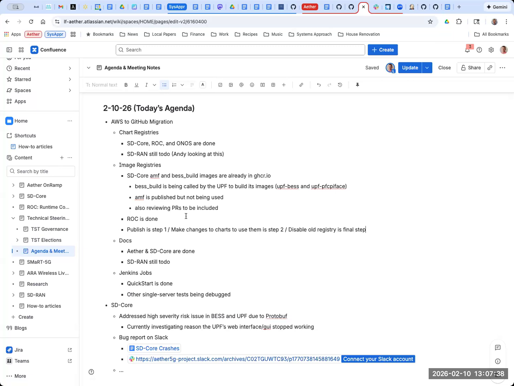Do you have any notion of timeline for getting SD core weaned off of the existing image registries? Probably in a week or two we can finalize this. But if there is priority on your side, I can try to work with Suresh on this one, to speed this up. Okay, thanks.